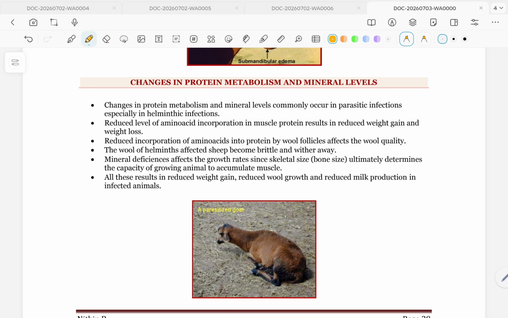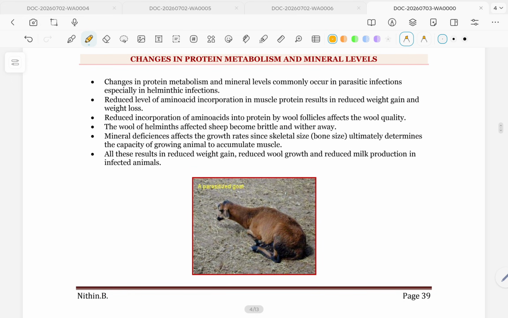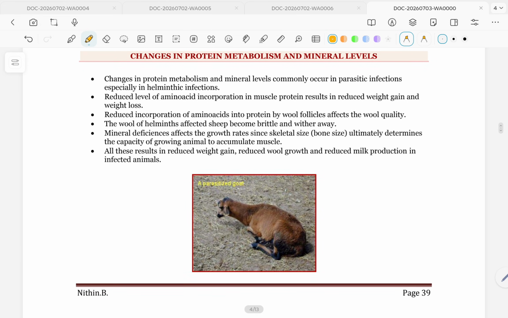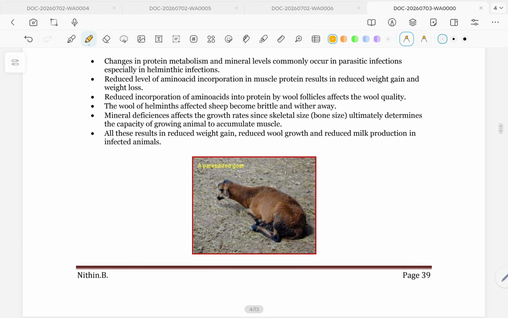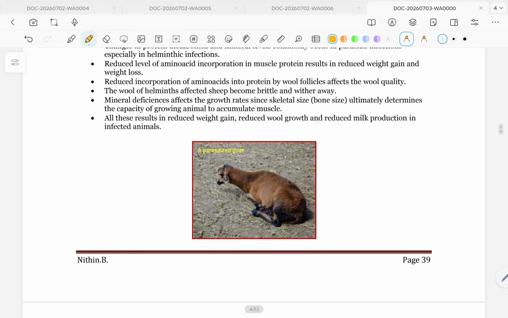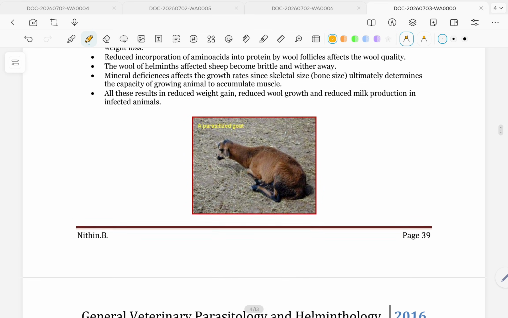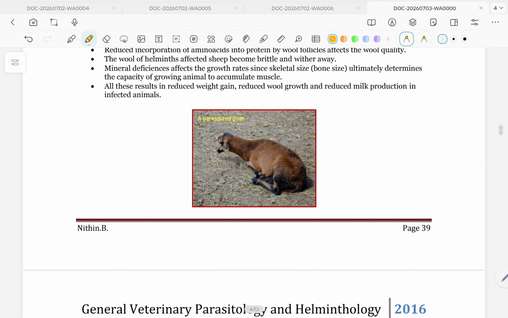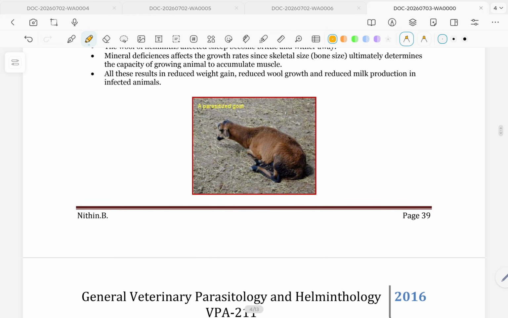Reduced incorporation of amino acid into protein by wool follicle affects the wool quality. The wool of helminth-affected sheep becomes brittle and withers away. Mineral deficiency affects the growth rate, skeletal size and bone size, ultimately determining the capacity of the growing animal to accumulate muscle. All these result in reduced weight gain, reduced wool growth, and reduced milk production in infected animal.